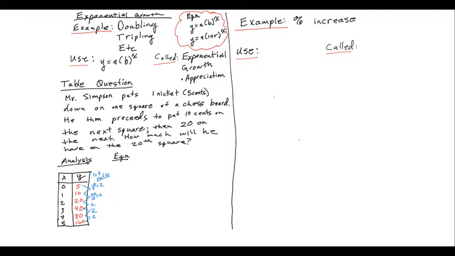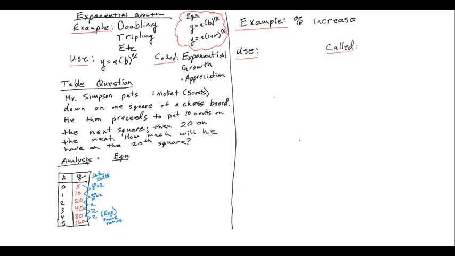Now, the only time that you have first ratios being the same is when the equation is exponential, because the first ratios are the same. So now that we have identified that this is an exponential function, we have to choose one of these two equations that we started with up here.